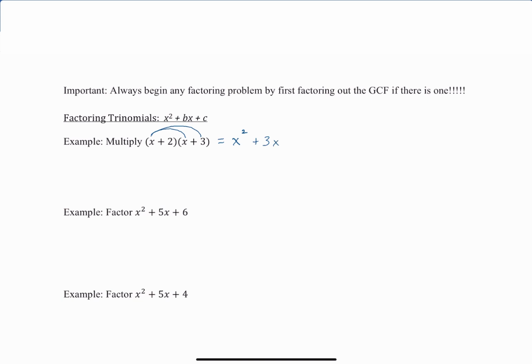This is just a way of organizing all the distributions we're doing for the distributive property. Next we have the inner terms, so 2 times x. And last we have the last terms. So 2 times 3, which is 6. So that's where that FOIL acronym you might have heard of comes from.